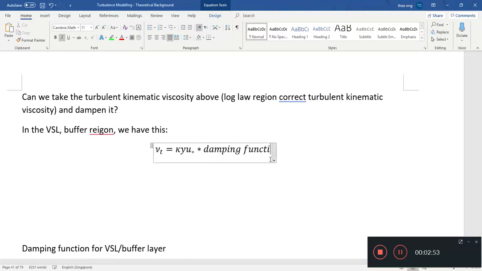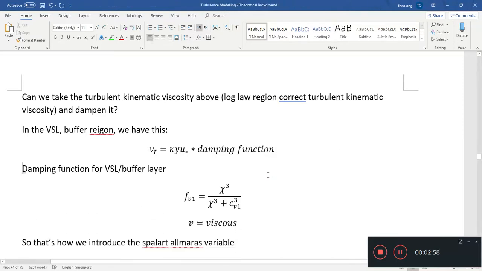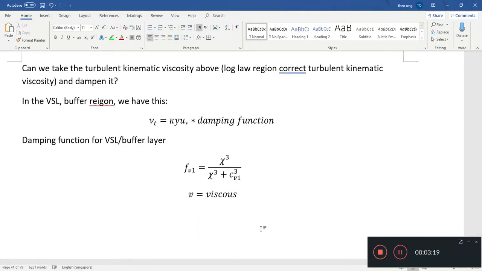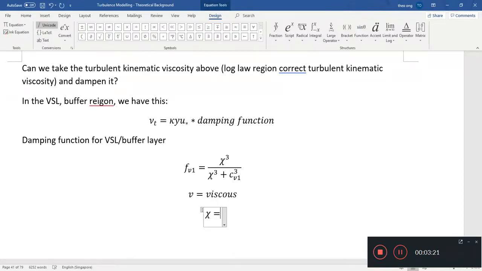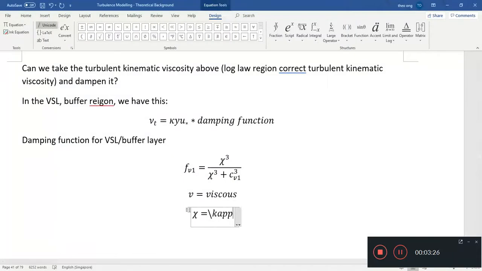Long story short, the damping function looks like this. This is fv1, which is a damping function, equal to chi cubed over chi cubed plus some constant cubed. fv is named as such because v stands for viscous. And this function chi equals kappa y plus.